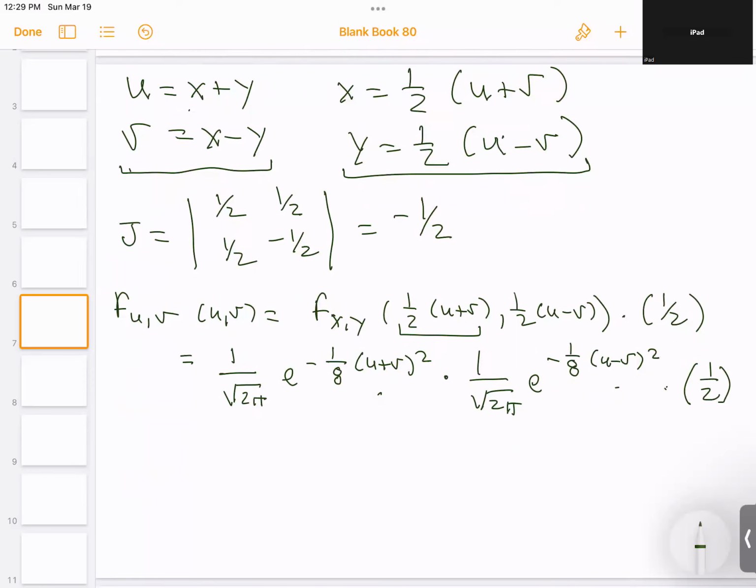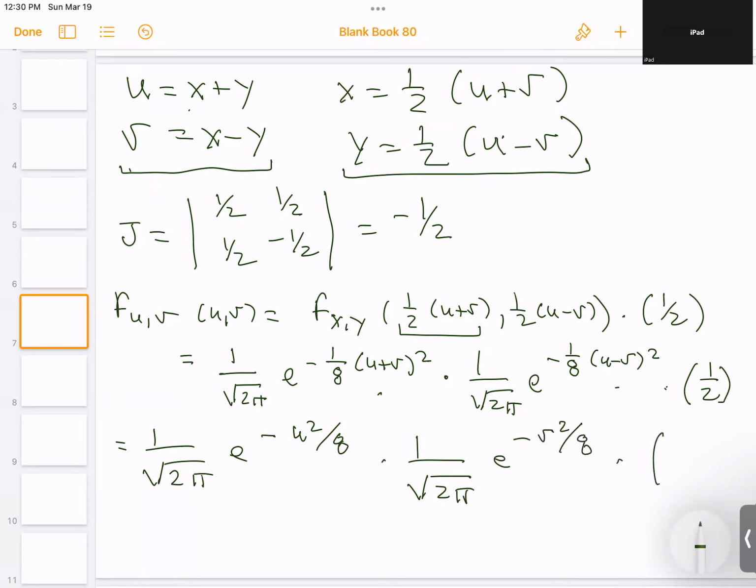And I just get this in the end: e to the minus u squared over 8 times 1 over square root 2 pi e to the minus v squared over 8 times 1/2.